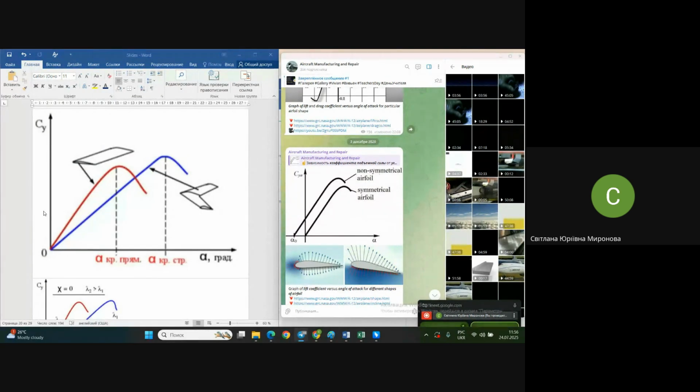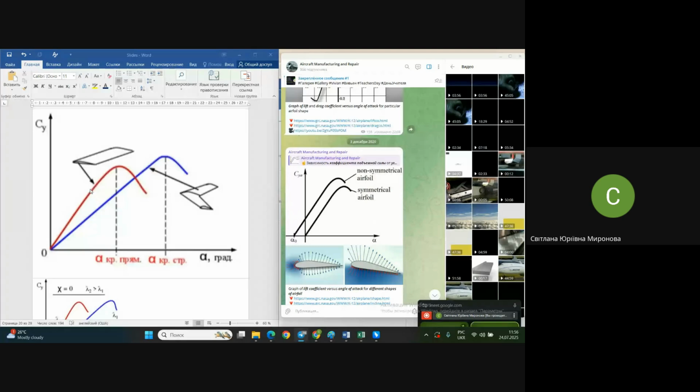And what is better, it seems? Above all, you see that at a little angle of attack the blue one is worse because it has less lift. But what is better is that at big angles of attack, you see, it's more effective.